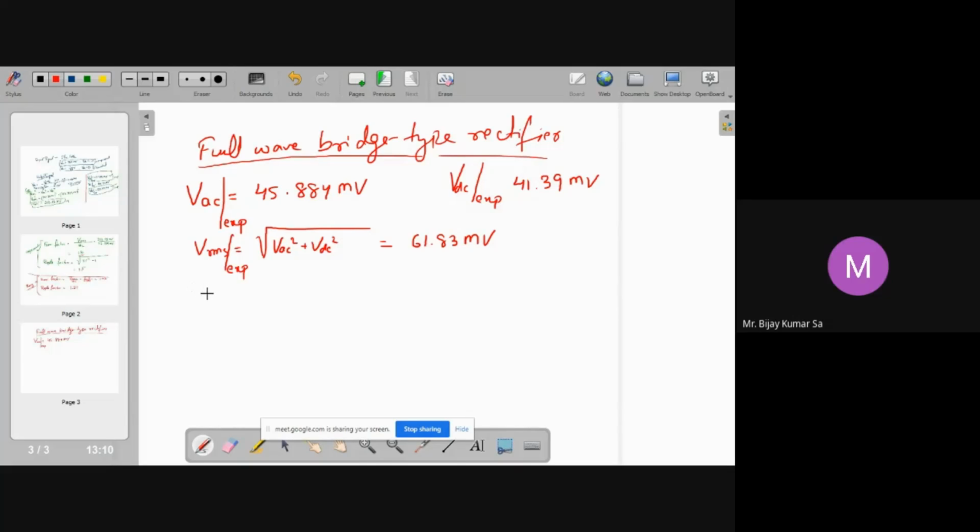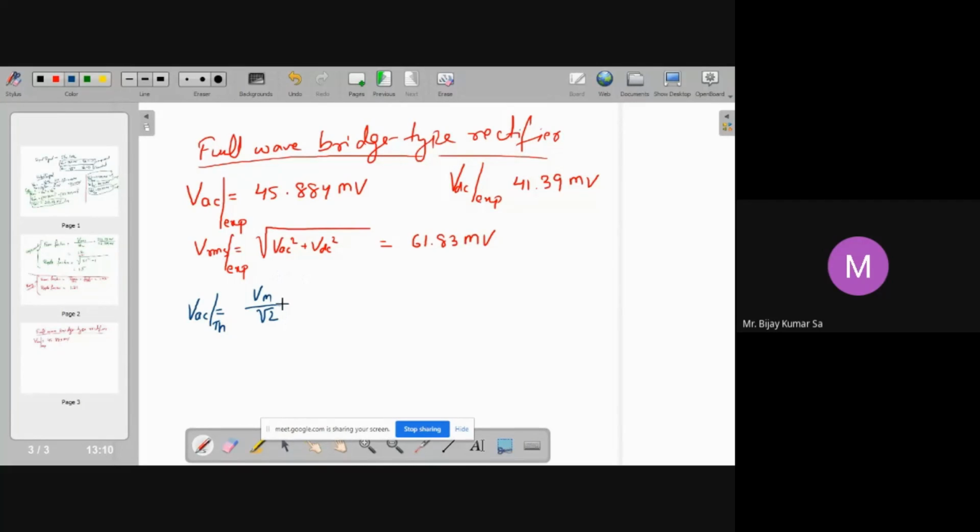What about the theoretical values? I will write in another color so that you can distinguish. The theoretical value for a full wave rectifier is Vm upon root 2 if it is using ideal diodes. But it is not using ideal diodes. It is using practical diodes, which have some junction potential, some knee voltage.